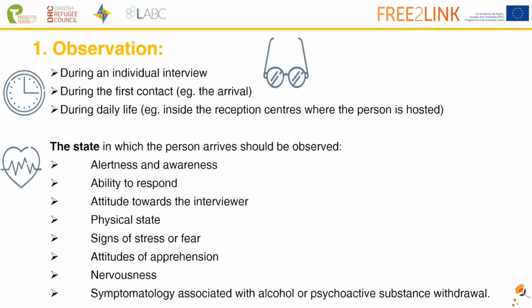So observation is something that usually occurs when we first contact the person at reception centers, or when the person seeks support from NGOs, when the person engages in safe space activities, in distribution points, during the interview process.